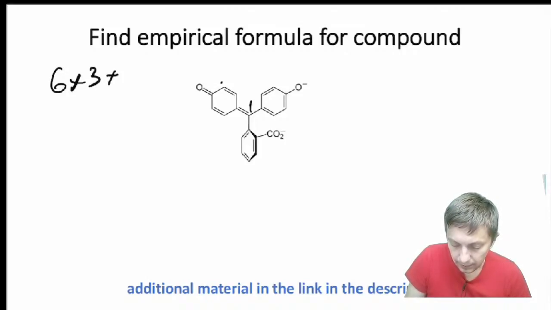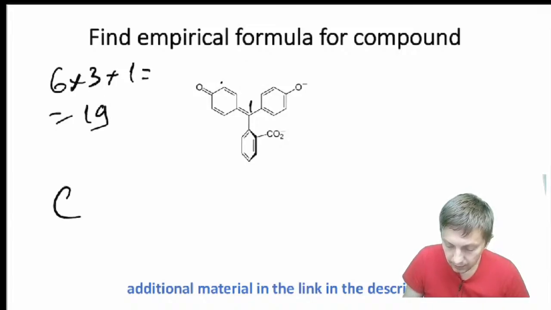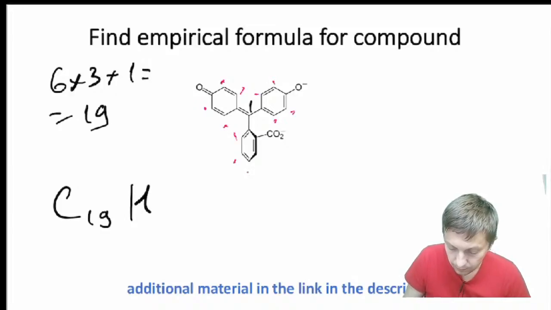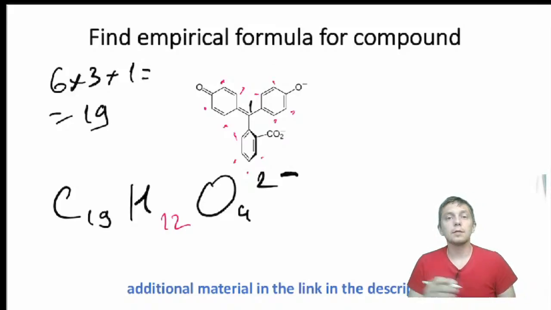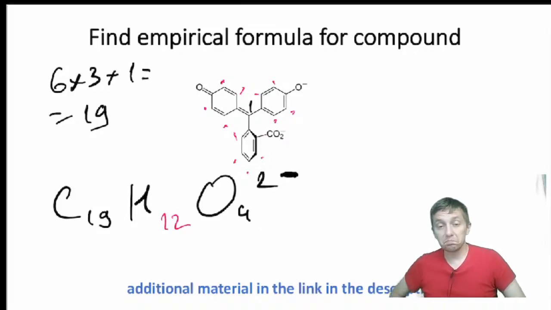It will be 19, C19. Hydrogen: 1, 2, 3, 4, 5, 6, 7, 8, 9, 10, 11, 12, H12. Oxygen: 1, 2, 3, 4, and charge 2 minus. This compound has the formula C19H12O4 2 minus.